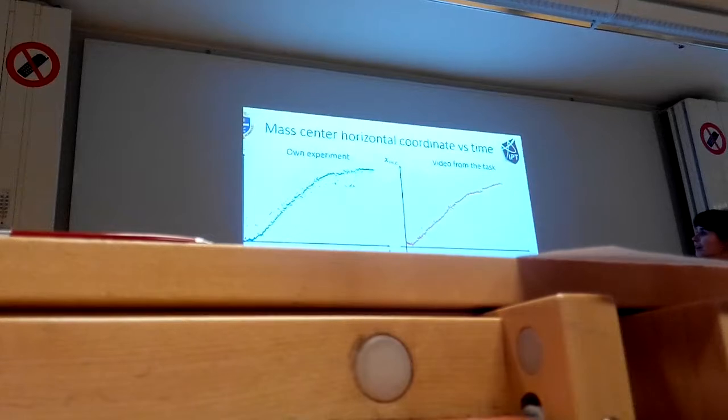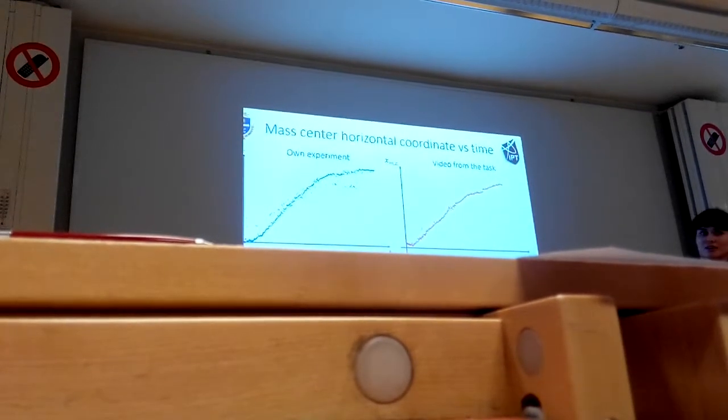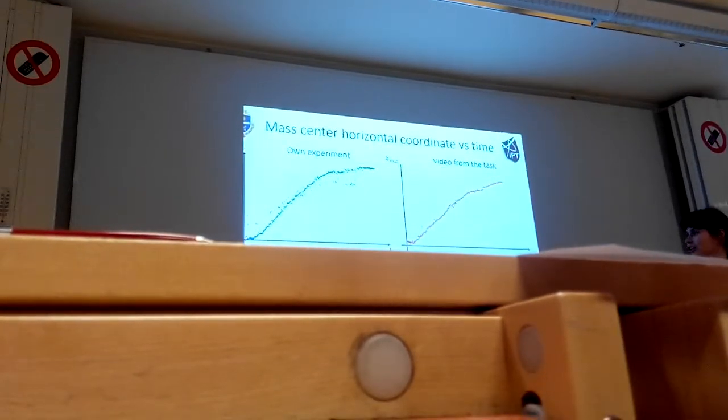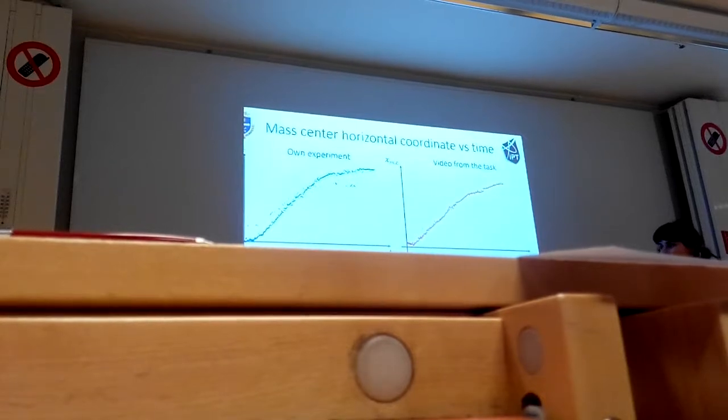We evaluated the video from the task, and we see the results are qualitatively the same. So our effect is the same as in the task. And so we can divide the chain motion into two separate motions: the motion forward and the oscillation of the fishing line.